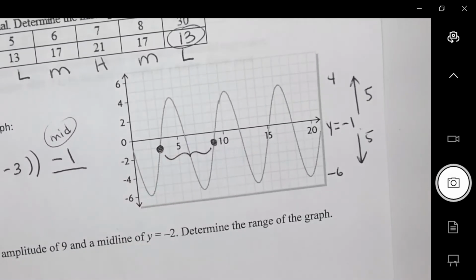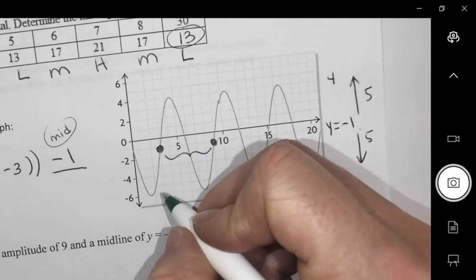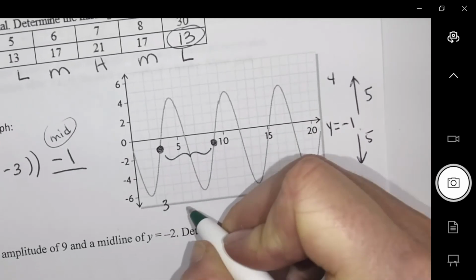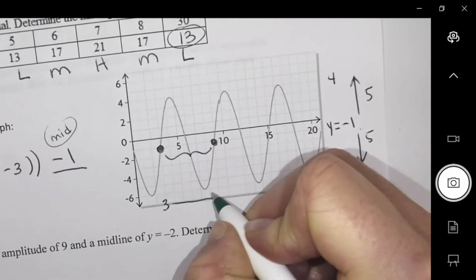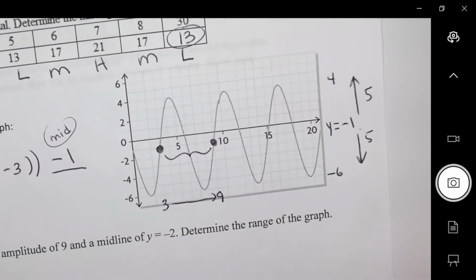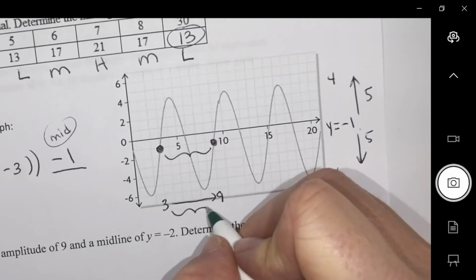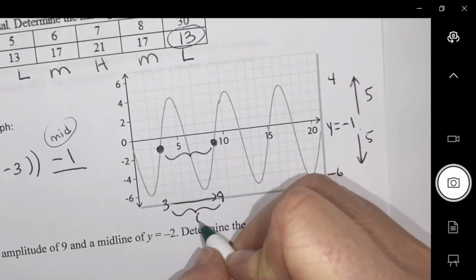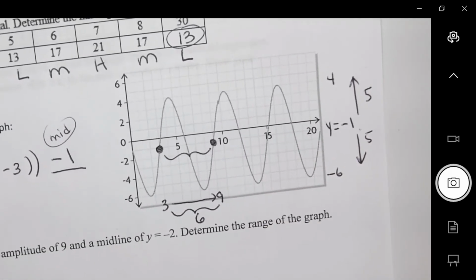I can't take that one. So this is at 3, and this is at 9. So therefore, my period is 6.